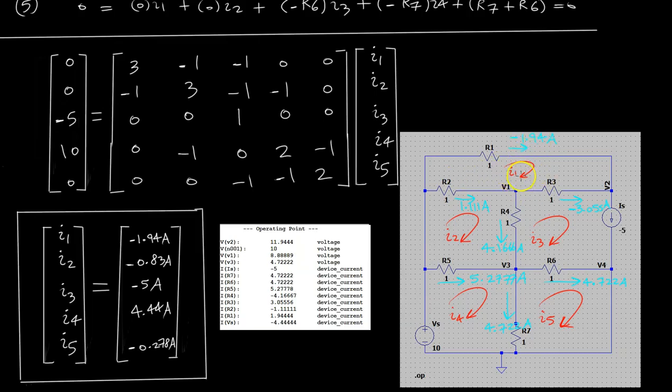It's going against the mesh current here. Now looking at the current through R2, we see negative 1.11 amps, and essentially the way we can verify that is the way we define them. Let me go ahead and show the polarities as well.